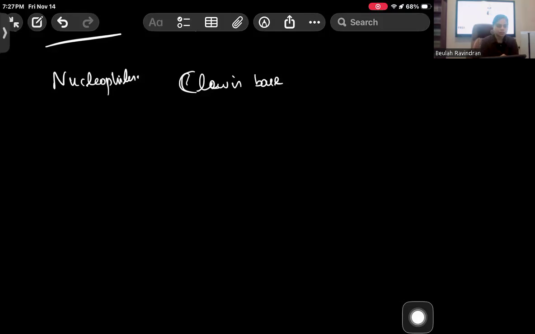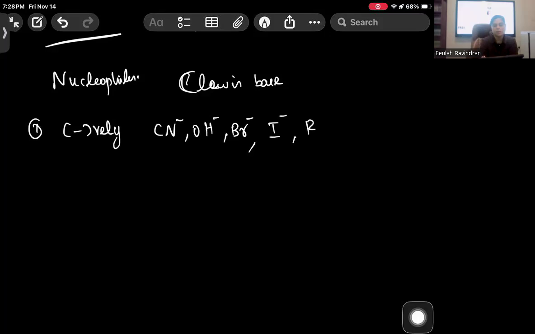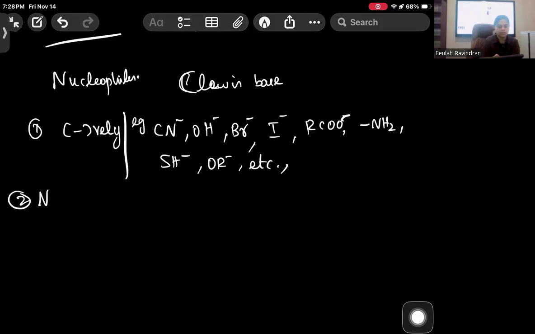Examples of negatively charged nucleophiles: CN minus, OH minus, all Lewis bases, I minus, COO minus, NH2 minus, SH minus, OR minus, etc. Then neutral.